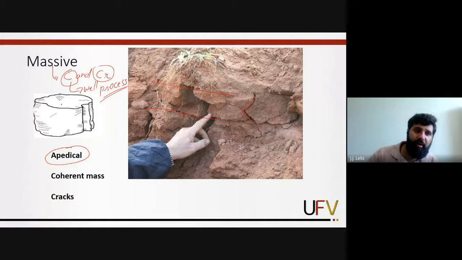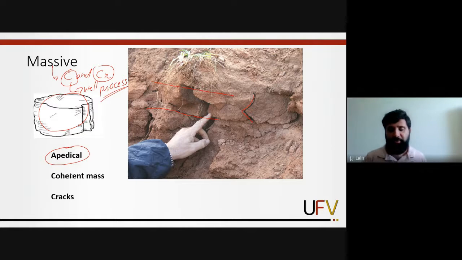So it's quite common to identify a horizon or a layer that doesn't have ped and aggregate and just has the material, but the material is not a loose material, it's a coherent mass, so it's different from single grain, because I have all the particles together, but these particles don't form a specific shape. So I have a massive structure, okay?